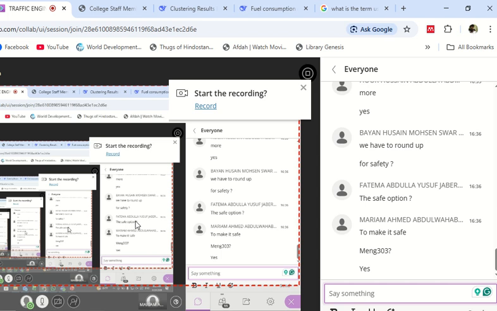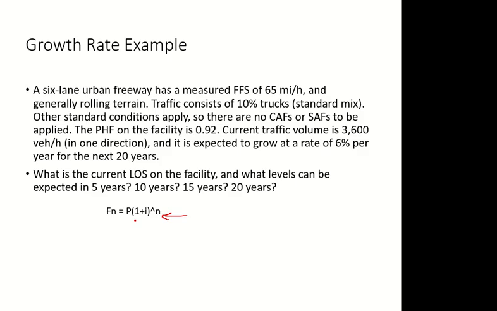So let us calculate the future values here for each year. I need the value for 5 years. Present value 3600, 1 plus i, where i is the annual growth rate, 6%.